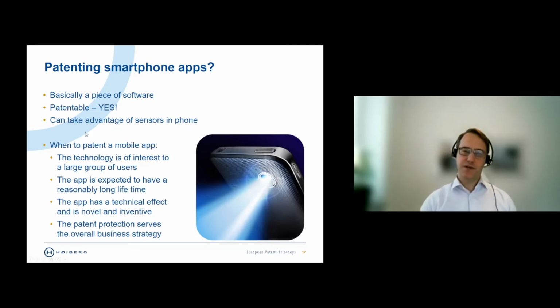And my experience here is that in the same way as you need any computer implemented invention to be technical and have a further technical effect and all that, which I described 10 minutes ago, you need to do the same thing on a smartphone app. And usually this means that you make use of the sensors in one way or another.